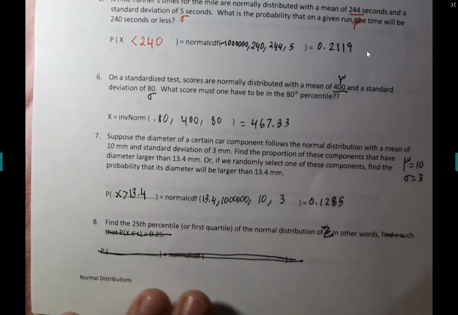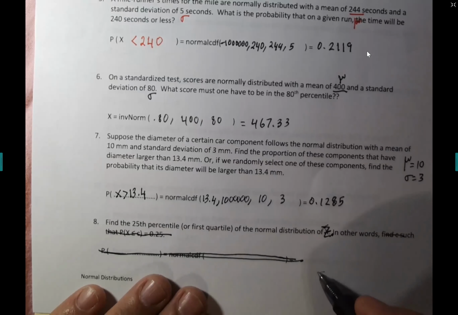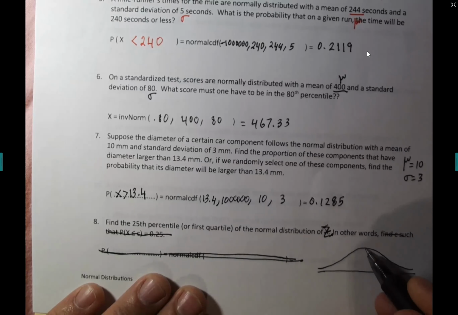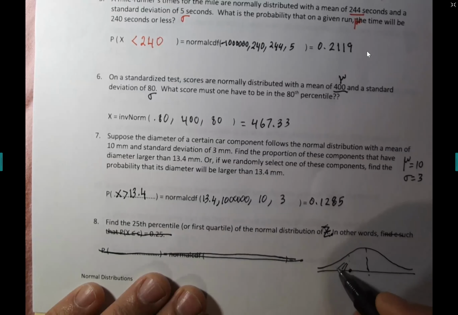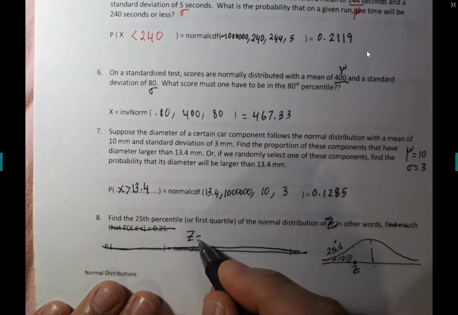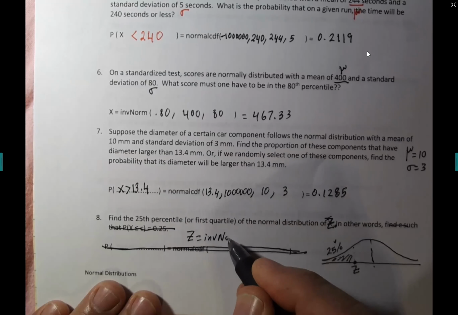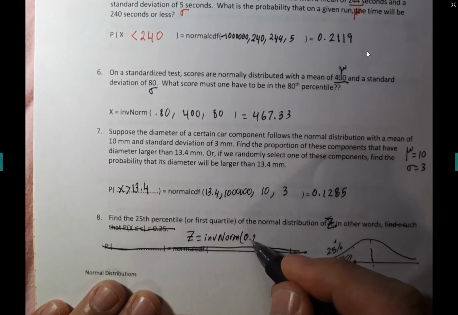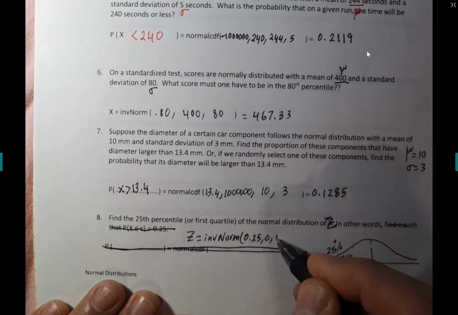So what would be the Z score that corresponds to the 25th percentile? The 25th percentile, guys, will be this. This is the 50th, so the 25th will be somewhere here. This is 25%. He wants the Z score, so it's inverse norm. As I told you, when you have a percentile, you put it in as the area to the left, and then you put 0, 1.